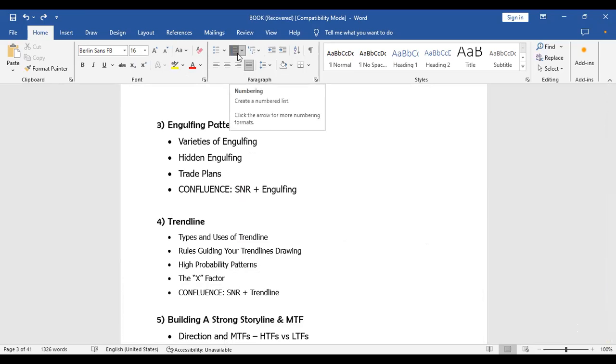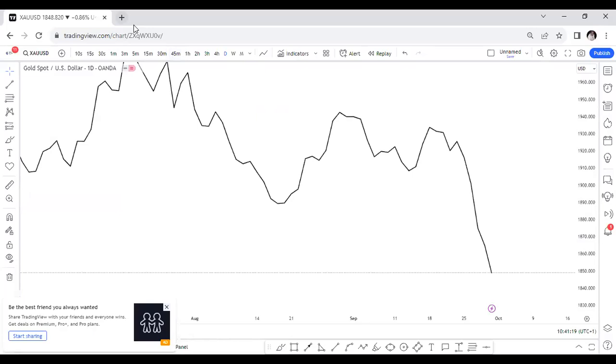The engulfing pattern is very, very simple. It's common. It's regular. It's most regular in the charts. You can go to Google if you want to look more into that. How to identify engulfing, you can study it in your extra time.